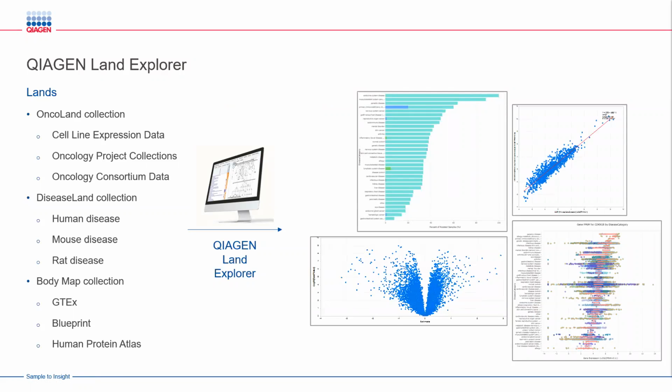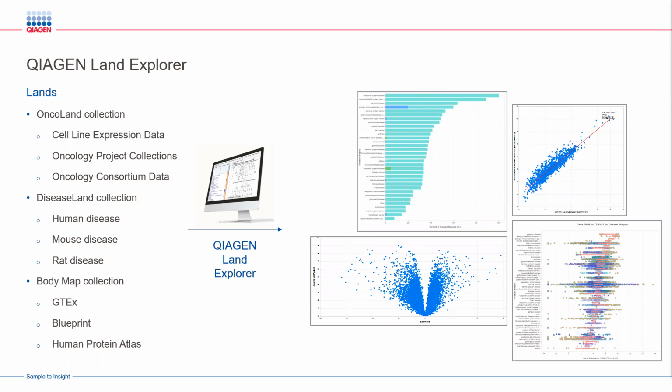So the first question you may be asking yourself is, how is your target gene expressed in different diseases or the disease of your interest? Or is it expressed in the tissue type or the cell type that you're interested in? Can we determine how this gene is expressed across known drug treatments? How does this gene correlate with another gene that you might be working on in the lab? So this is where the Land Explorer feature can help you.